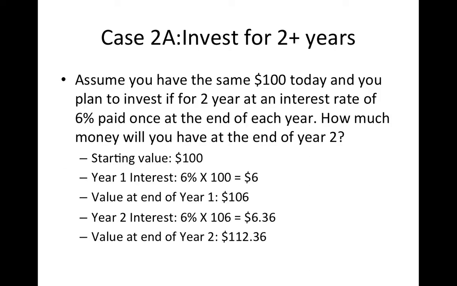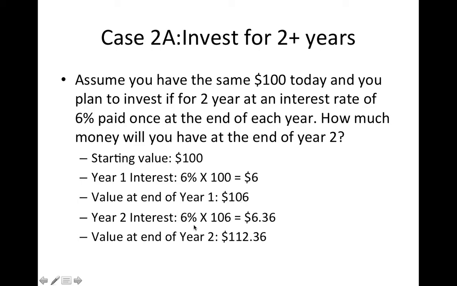Now let's take this a little bit further, and let's just say that instead of investing it for 1 year, we're going to invest it for 2 years, or maybe more than 2 years. So we're going to go through the same process. We start with $100. At the end of year one, we earn interest of 6% on our $100. That's $6. So at the end of year one, we have $106. Now here's where it gets a little bit different.